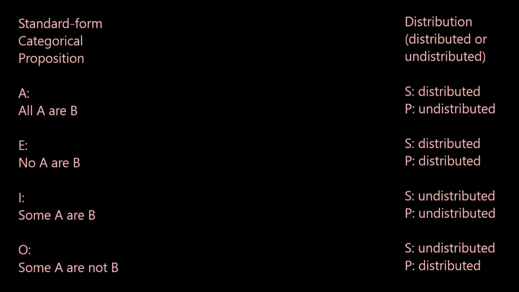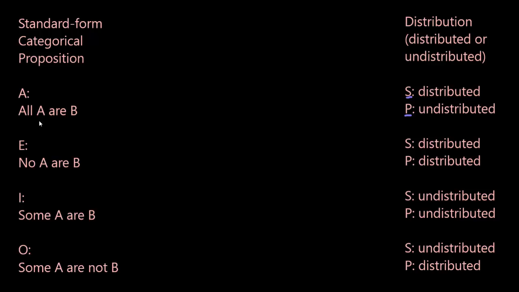So the property of distribution is a little more complicated than that of quality and quantity. Whereas quality and quantity were properties of the categorical proposition as a whole, distribution is a property of the terms in the categorical proposition. So we're worried about whether the subject is distributed and whether the predicate is distributed.